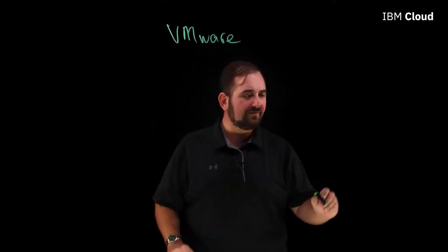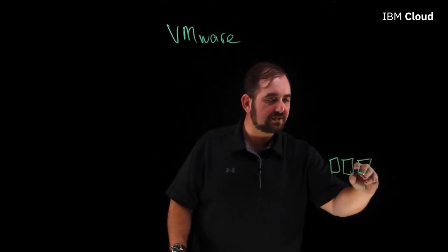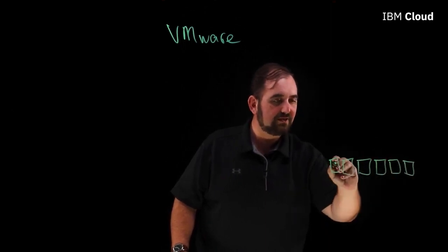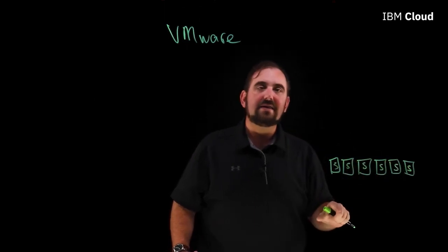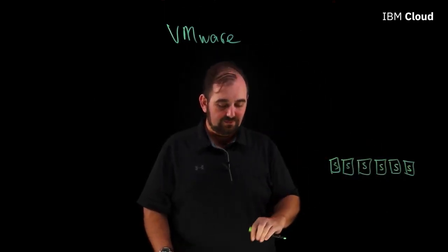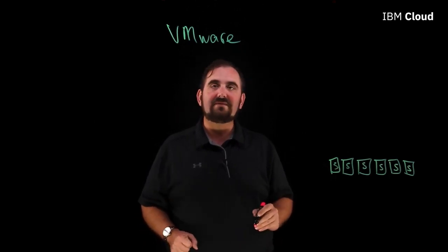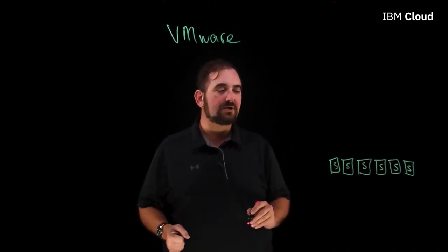So, starting off our stack here, we're going to have our physical servers, and I'm just going to make 6 of them, right? S, S, S, S. This is physical hardware, right? And so we've said, all right, we want to be more efficient with that physical hardware. So now this is when we start installing the VMware software.